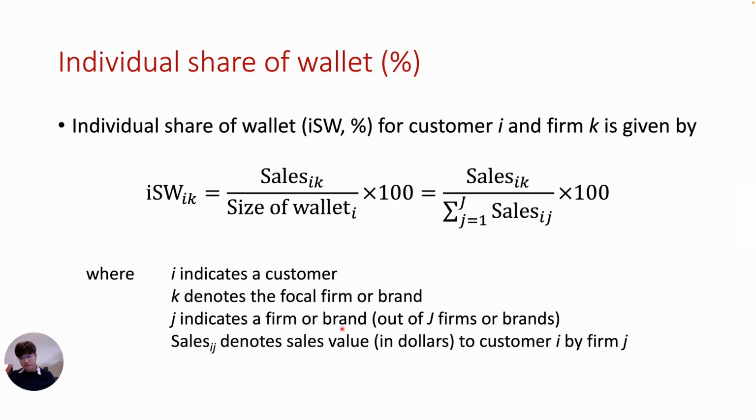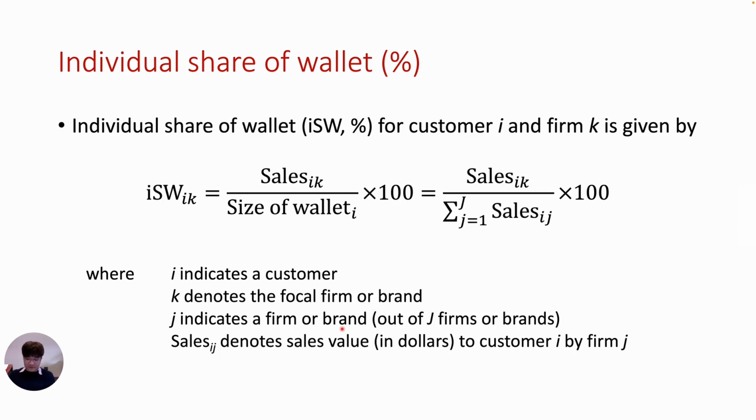Second, share of wallet. There are two versions of share of wallet. One is each individual customer's share of wallet for a firm or a brand. For customer i and brand k, individual share of wallet is the proportion of the sales to this customer by the firm out of her size of wallet.